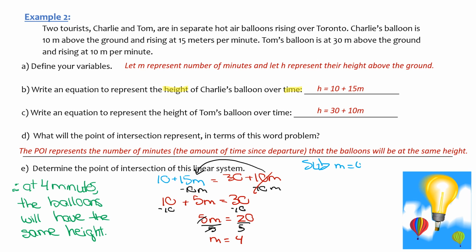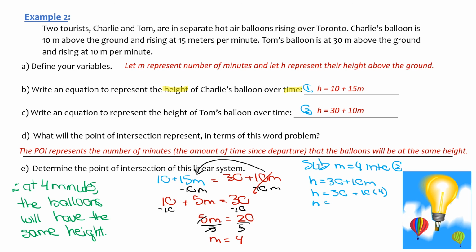So we'll take our second equation this time. This was 1, this one is 2. The equation was h equals 30 plus 10m. And in for m, I'm going to put 4.